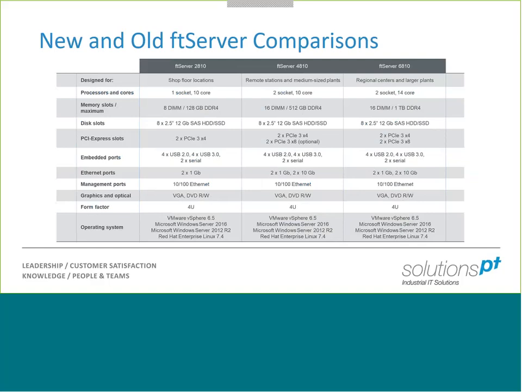It's got a single 10-core processor, and it runs the latest versions of Windows Server 2016, the latest and greatest operating systems. And then we move on to the 4810, which is a mid-tier system. It's got a 2-socket 10-core processor. And then we've got the high-end tier, the ftServer 6810, which will likely run in excess of 20 virtual machines.